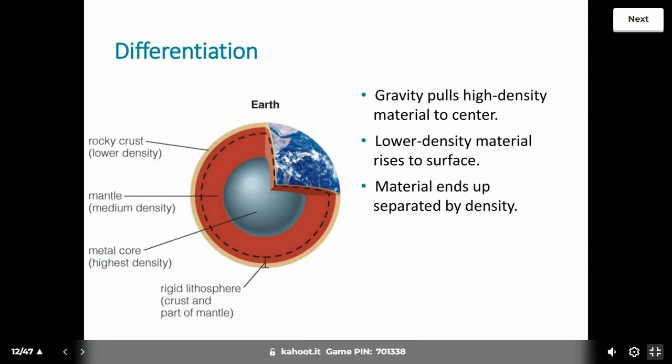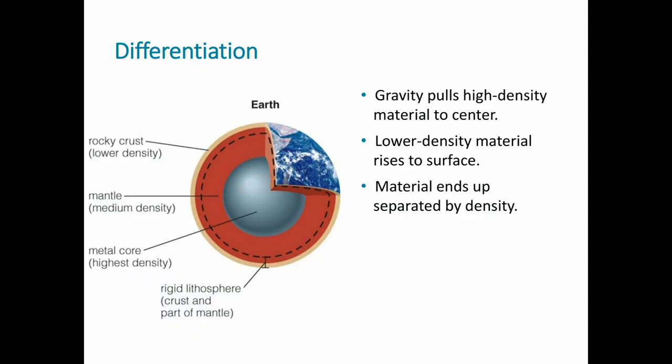These different densities of materials at different layers is called differentiation. This is one of the core things that an object needs in order to be a planet.